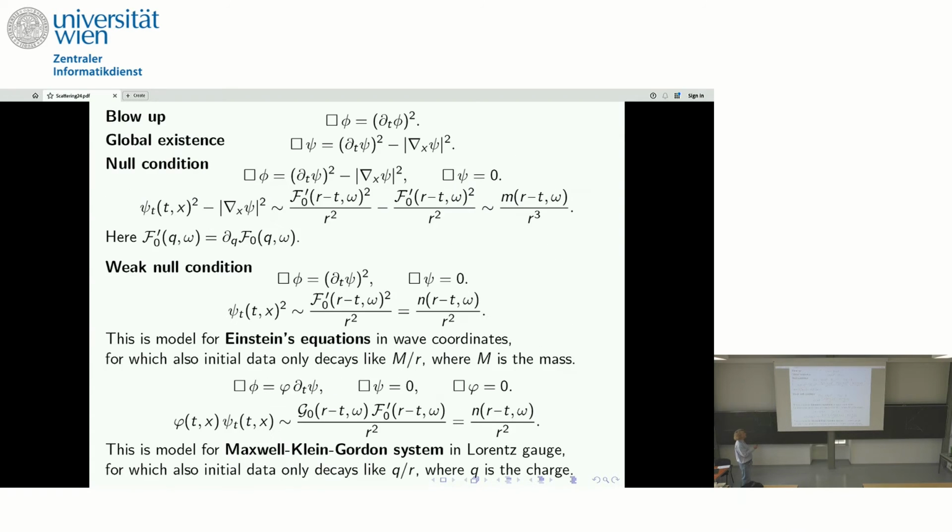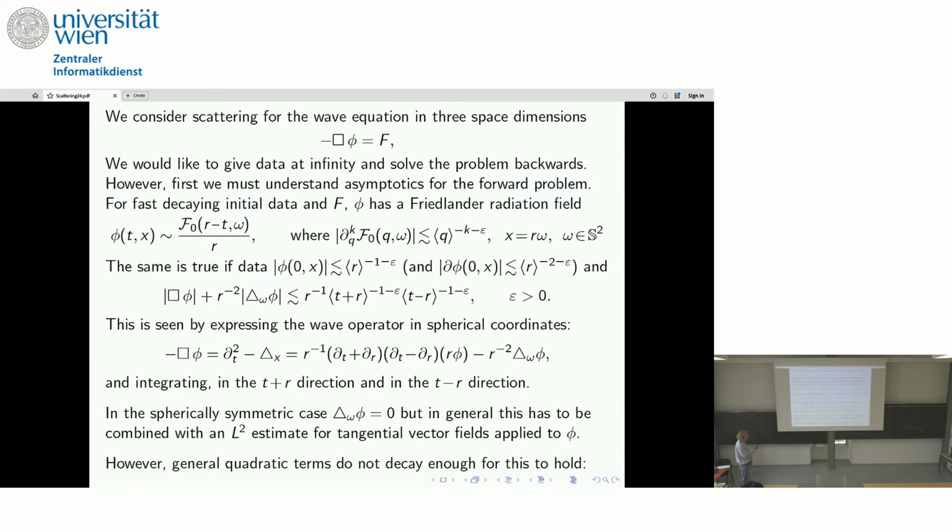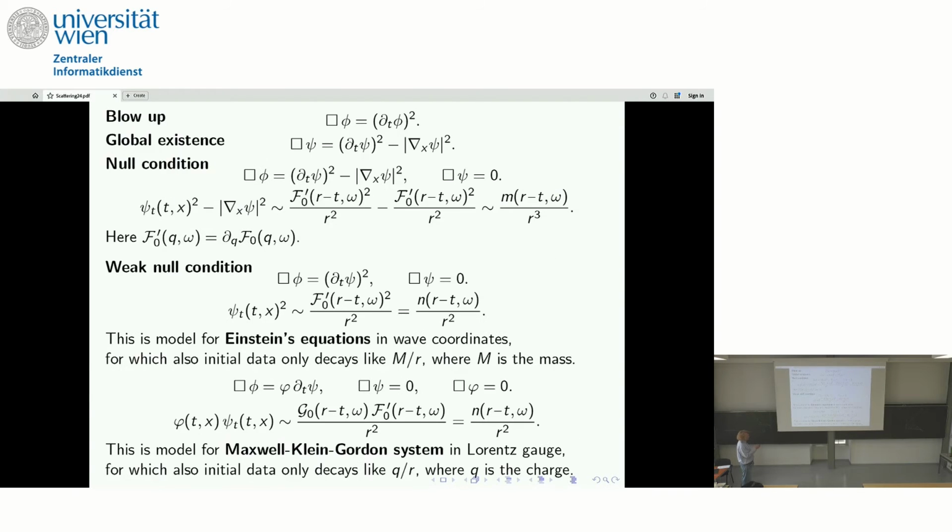If you differentiate with respect to t, it's essentially the same as differentiating with respect to r, because if the r derivative falls on this, it decays much faster. So the slowest decay you get is if you differentiate this factor, and then the t and the r derivatives are the same. And because of that, if something satisfies the null condition, you get something that decays better, which is allowed, right? With power bigger than 2. So then the asymptotic will be that of a linear wave equation.